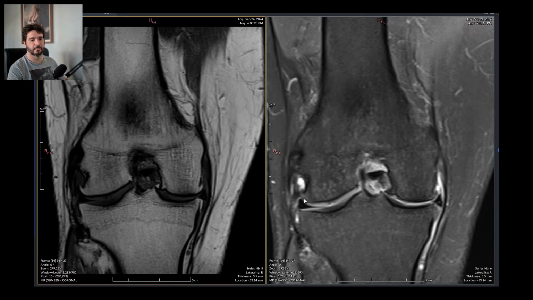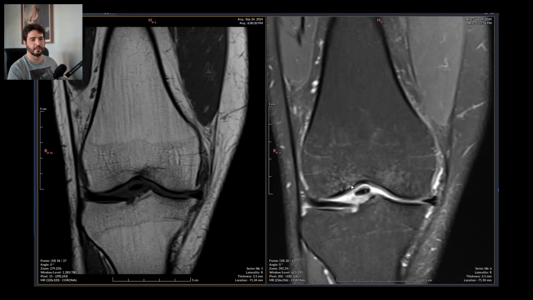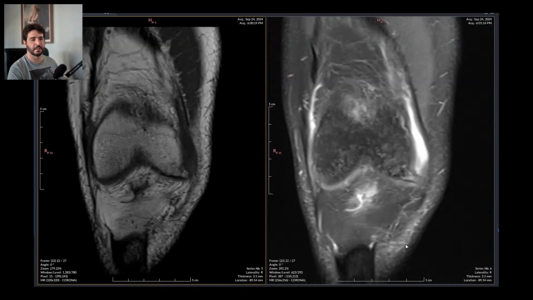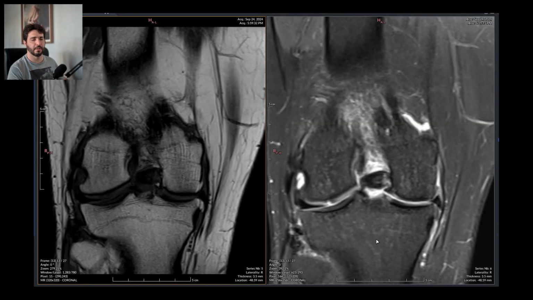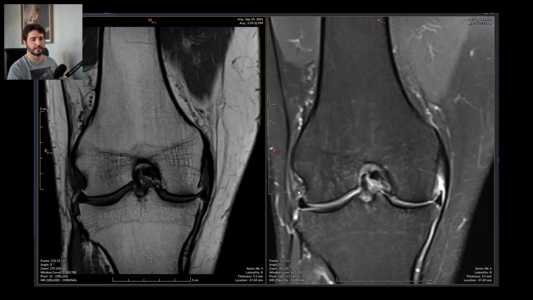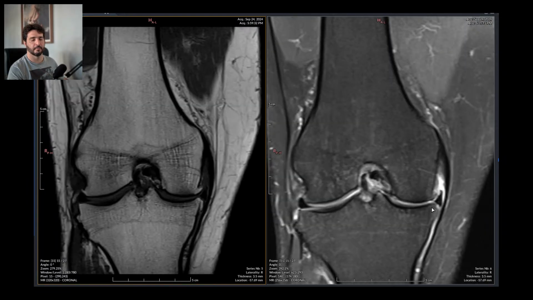There is also subchondral bone edema right here, also right here too. This is quite common. This is all edema. This is quite painful. So I have mild arthrosis of the lateral femoral tibial compartment and moderate arthrosis of the medial femoral tibial compartment.